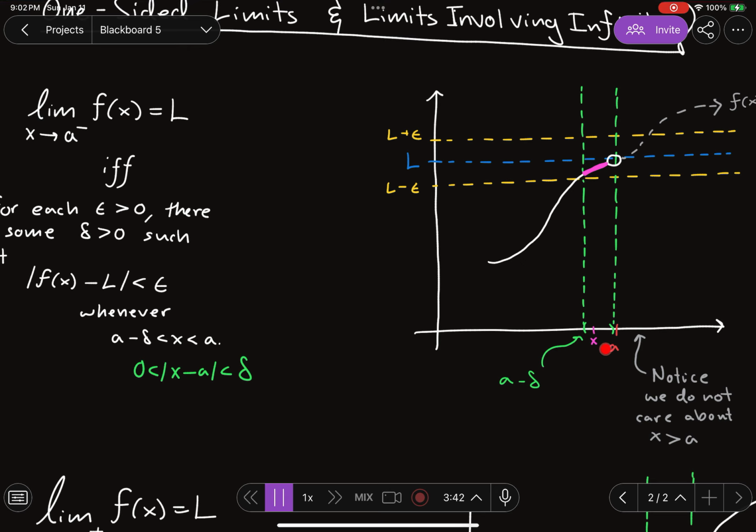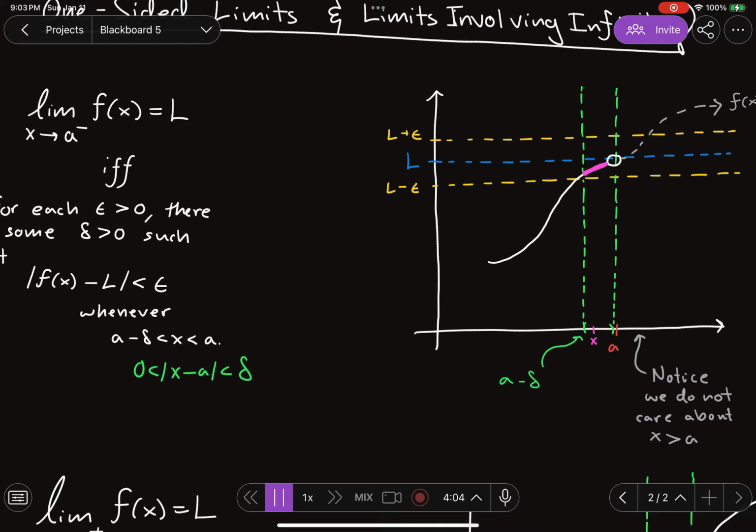So that is true in this picture right here. And notice I like what I wrote here. We do not care at all about x bigger than a if we are talking about a left-handed limit. I don't care what goes on on the right side. I'm sorry, I might have said left side a second ago. On the right side of a, if we were talking about a left-handed limit.